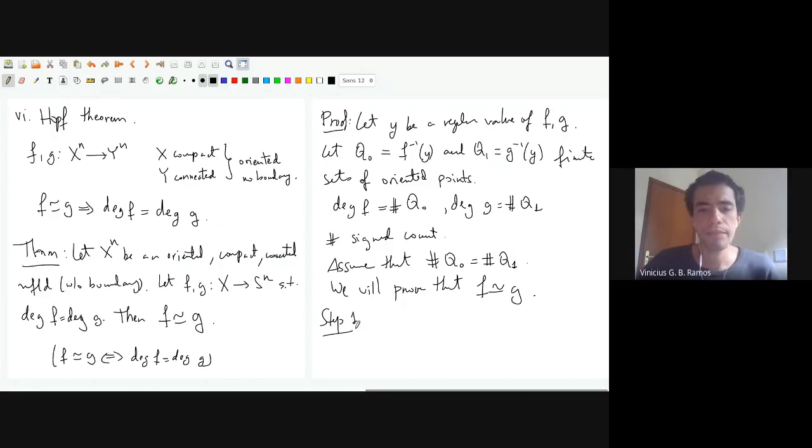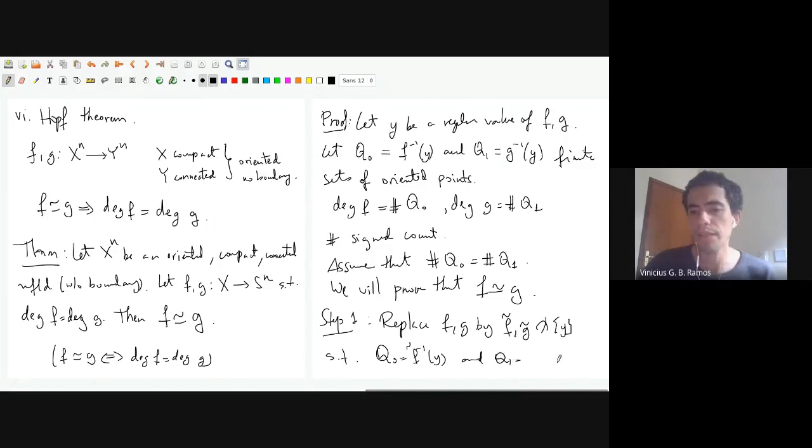So step one, we will replace f and g by f tilde and g tilde, which are still transverse to y, and they still have the property that Q0 is the preimage of y by f tilde, and Q1 is the preimage of y by g tilde. Okay, so I'm just going to replace f and g by some functions f tilde and g tilde that I will choose, that will be very specific.